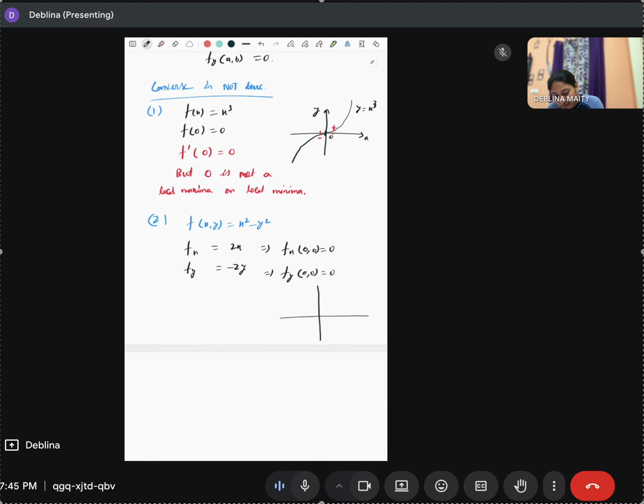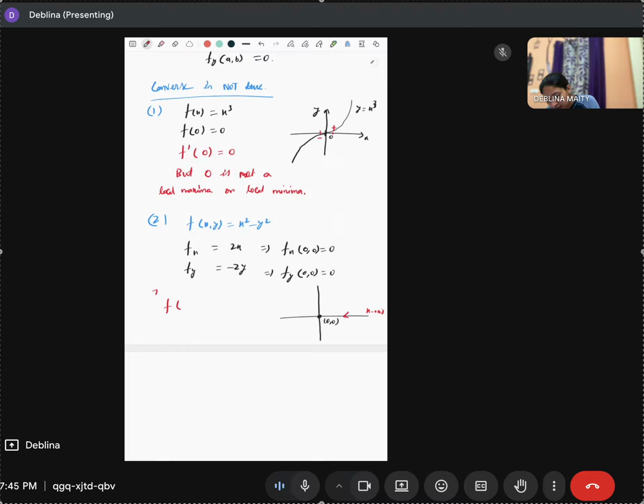So this is the point (0,0). Now suppose we approach 0 from the x-axis. So then y is 0. So what is the value of f?